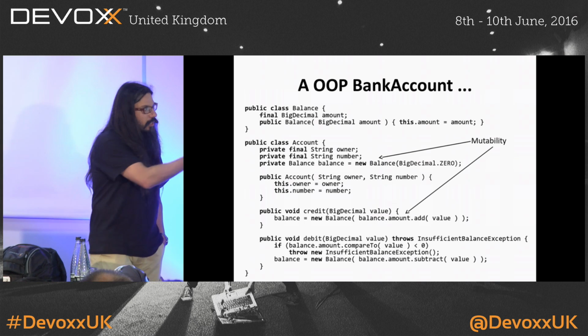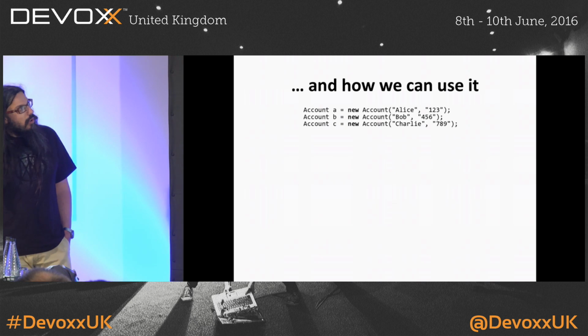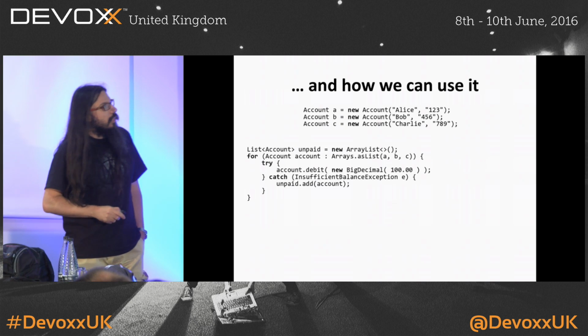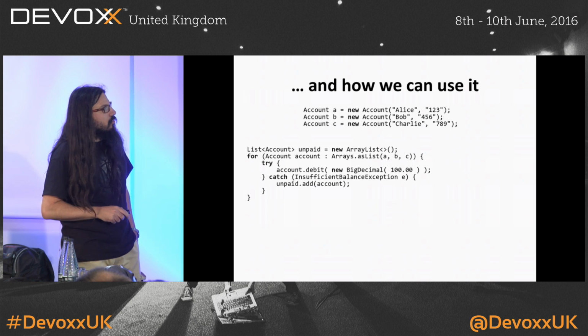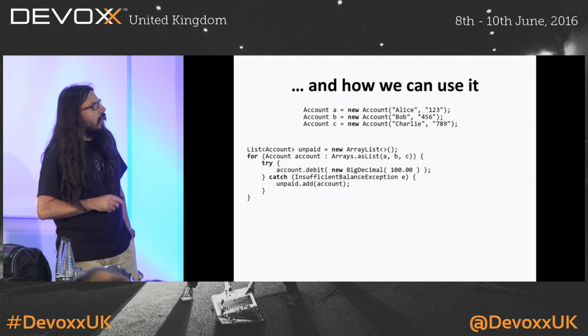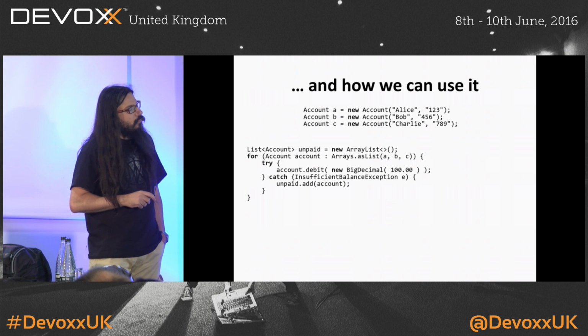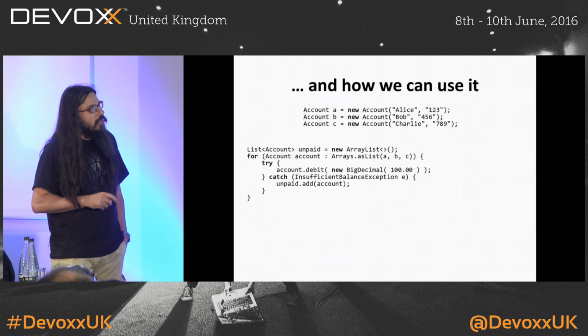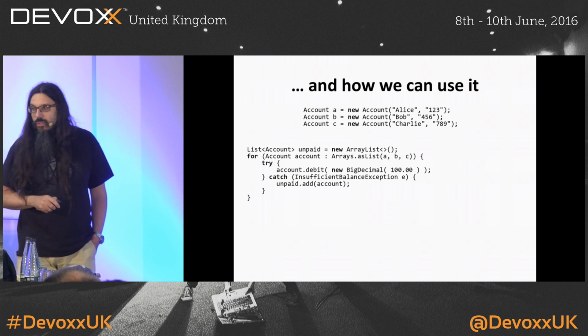So, okay, what's wrong here? The mutability and the exception. How do I use this stuff? Let's say that I want to take 100 euros or pounds from the accounts A, B, and C, and I want to gather in this list the accounts that weren't able to pay me this 100 euros.